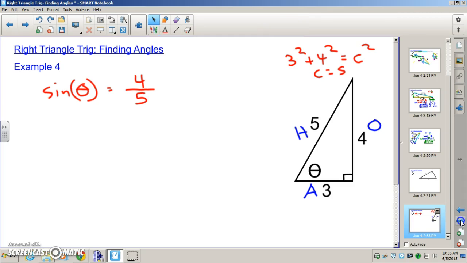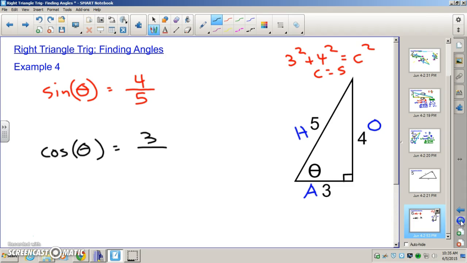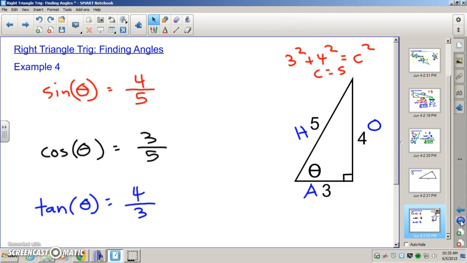You could do cosine of theta equals adjacent over hypotenuse, or you could have done tangent of theta equals opposite over adjacent. All 3 of these are actually correct. I'm using the correct pairing for each one, and all 3 of them will solve the same.